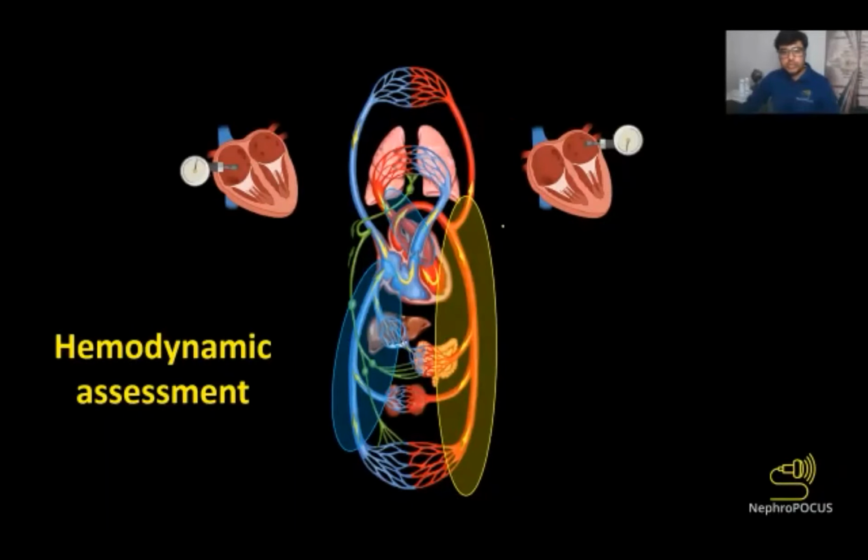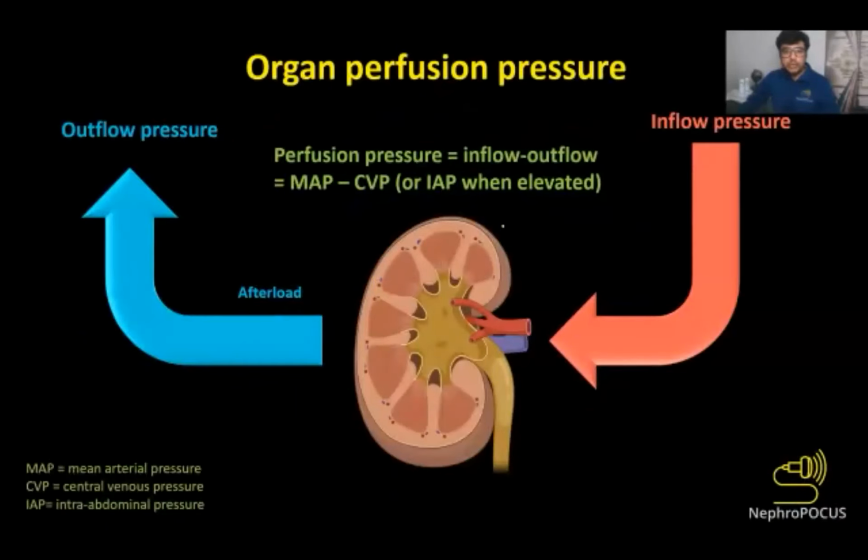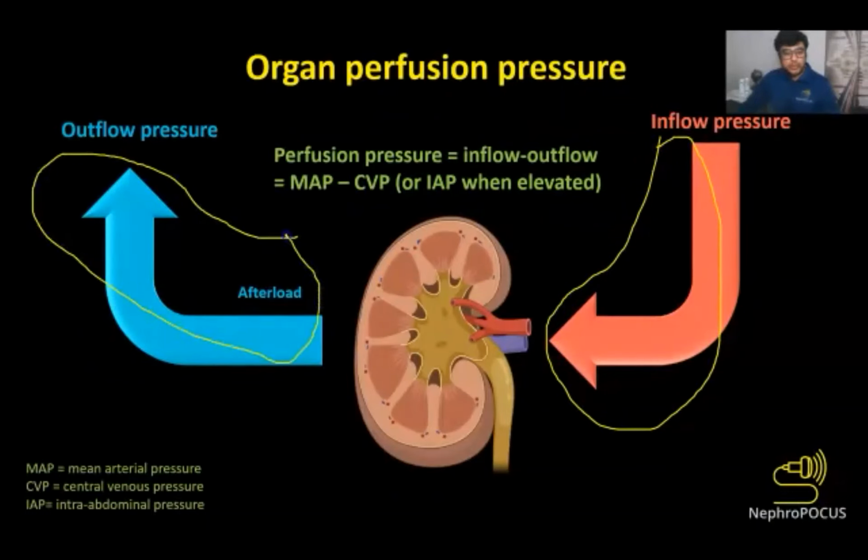So venous congestion is a consequence of elevated right atrial pressure. And why do we care about venous congestion? Because the organ perfusion pressure is dependent on both inflow pressure and outflow pressure. It's a difference between these two pressures. For example, in the context of kidney, it's a difference between mean arterial pressure and central venous pressure or right atrial pressure, or intra-abdominal pressure if it's elevated.